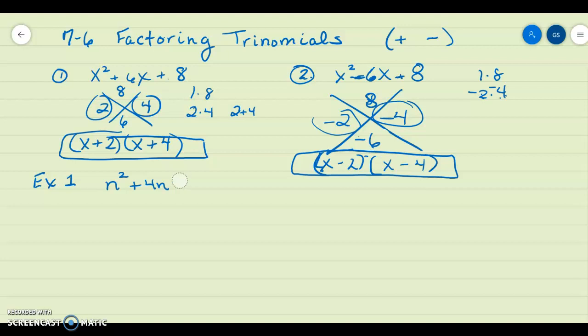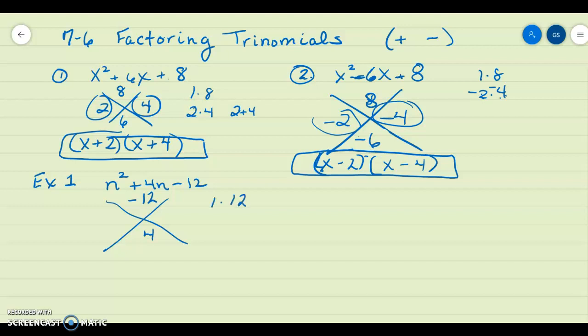I have to erase that. Minus 12. We do exactly the same process. Make your x. Put the last number in the top and the middle number on the bottom. We need two numbers that multiply to be 12. Just worry about the 12 for now.